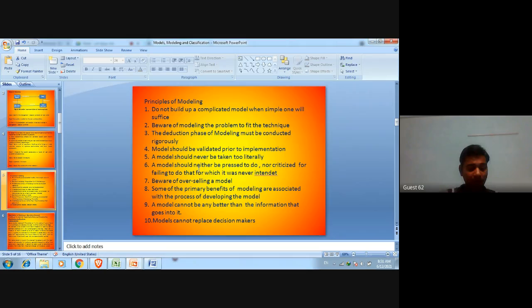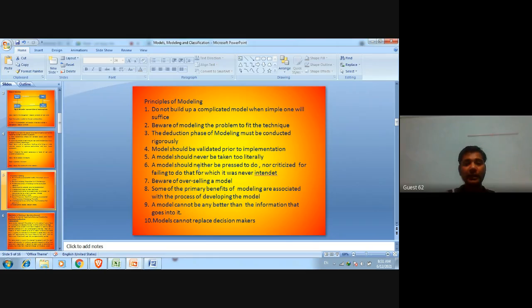Under such circumstances, it can be easily believed as if the model duplicates the real system. This danger continues to increase as the models become larger and more sophisticated, as they must deal with increasingly complicated problems. So that's why a model should never be taken too literally.